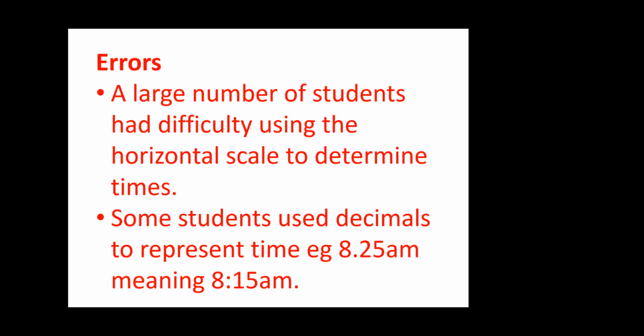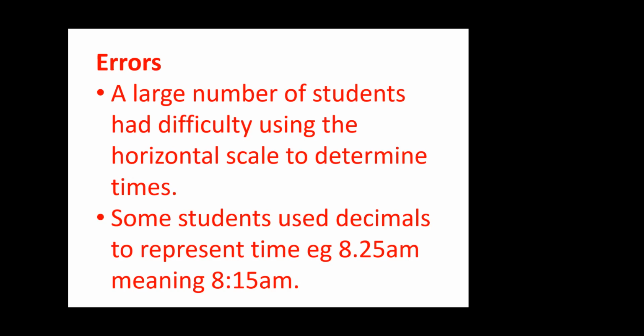Because it was broken up into 8 sections between each hour, they really did struggle with this. In some cases, as I've shown here, they would be looking at it as 8:25 a.m. They'd be writing, meaning 8:15, because it was a quarter of the way across.